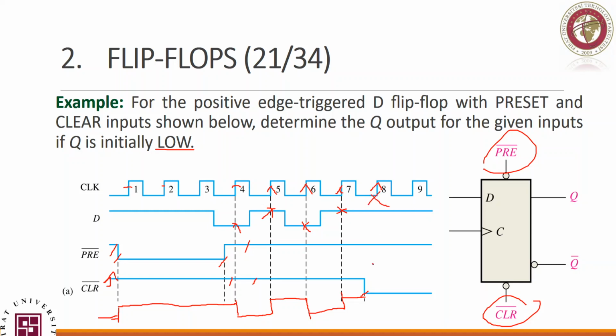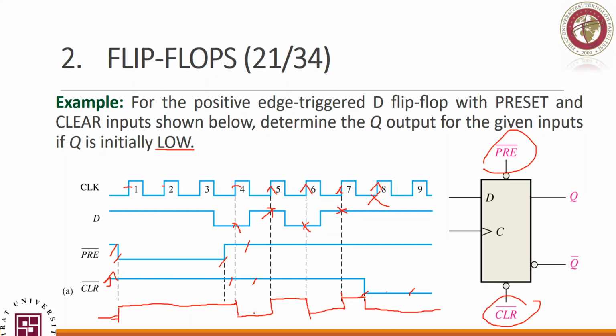Then we will not go until the next rising edge, because there is a clear at this point. We have clear, so Q will be forced to low no matter what, as long as it is low. That's why we call clear and preset asynchronous. If they are active, then the operational process is disregarded, and we just take their own operational process.